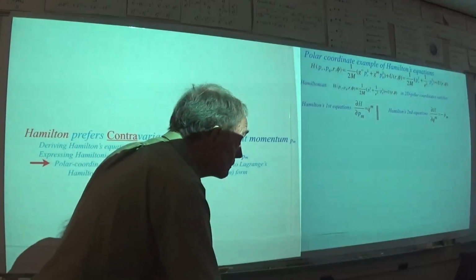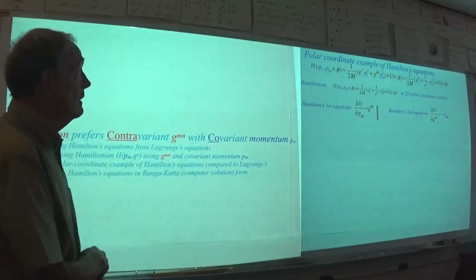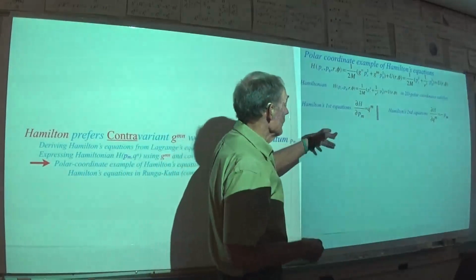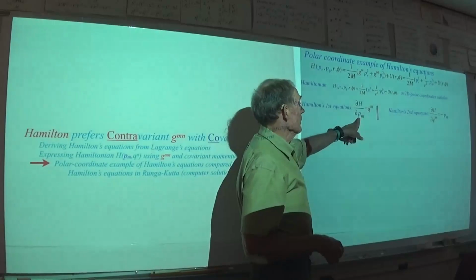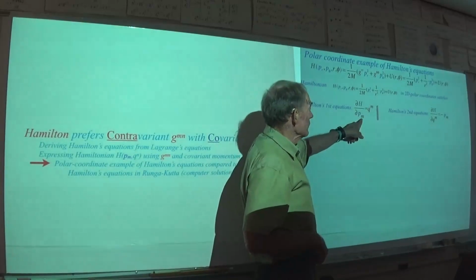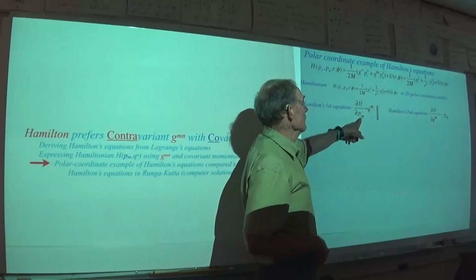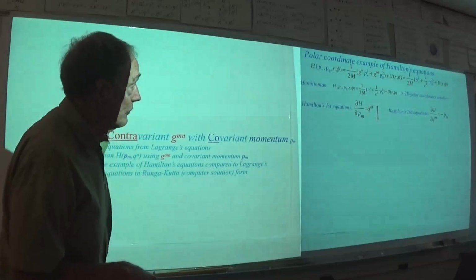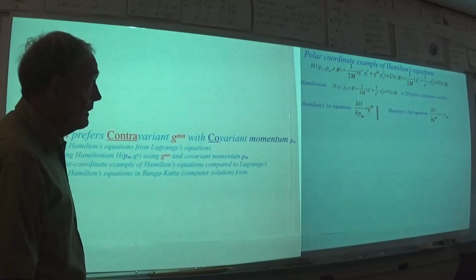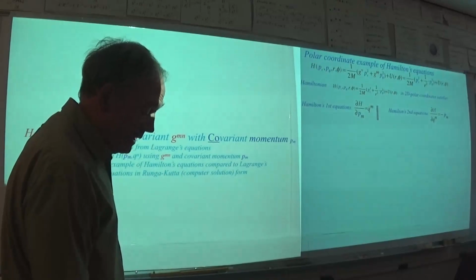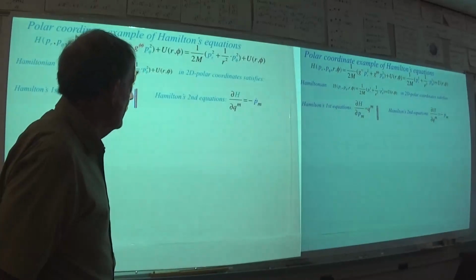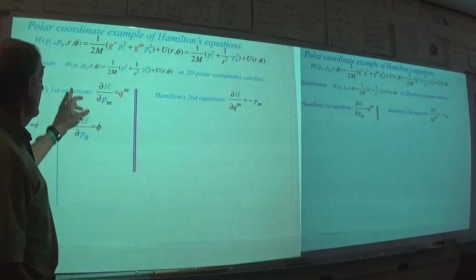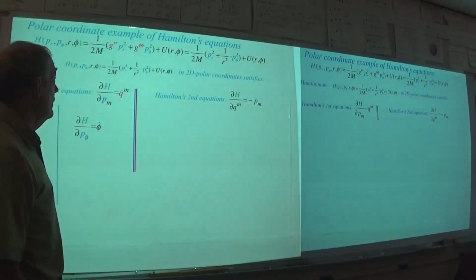The idea being that you need to take his first and second equations, and each one of these has to have something to do with momentum that has the radial component, and then the momentum that has the phi component, and that's going to be related to velocity of those two choices that we have for the two-dimensional single mass in a polar coordinate situation. Okay. Well, first part's pretty easy. Look up here at the H, I can take a partial derivative of p as good as anybody.